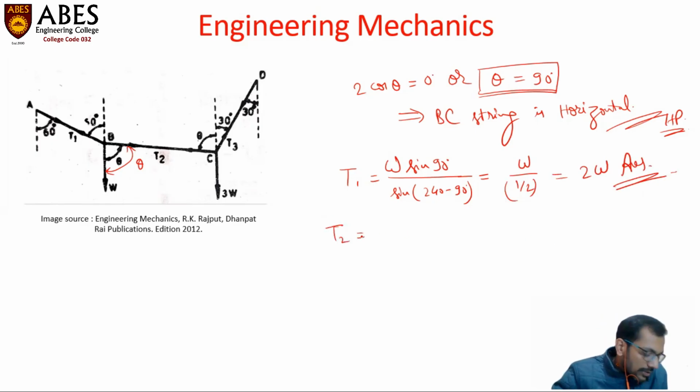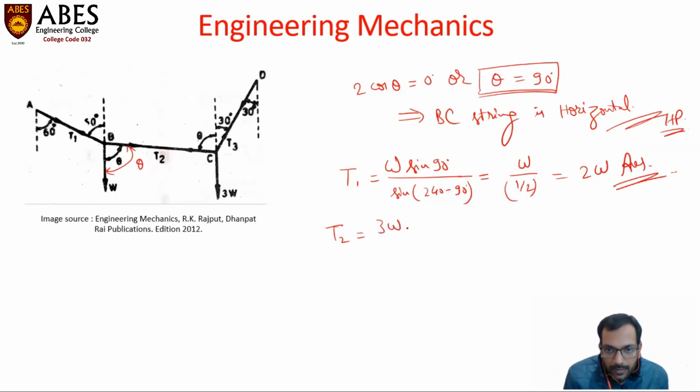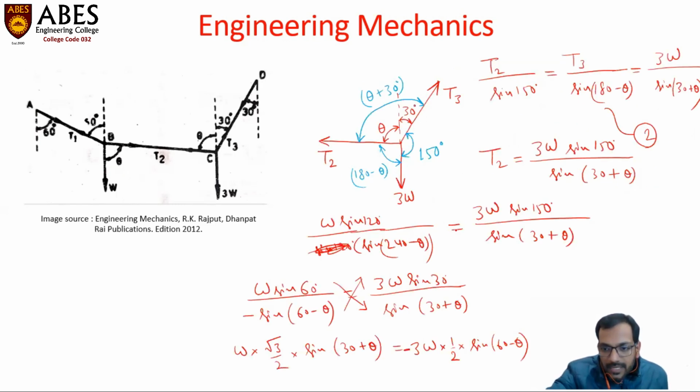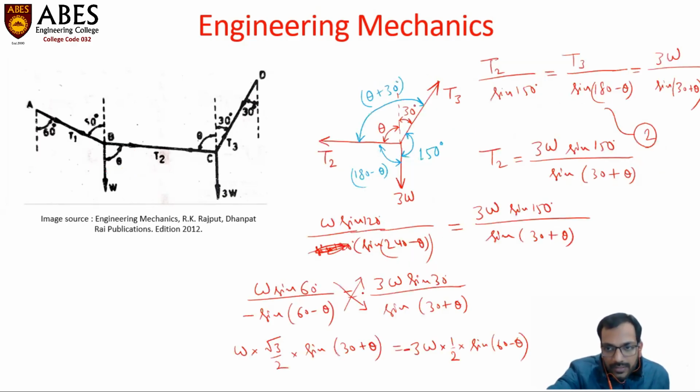Value of T2. How to calculate the value of T2? Let us see. We can use this formula: 3W sine 150 upon sine 30 plus 90. 30 plus theta means 30 plus 90. So this value is coming to be root 3W. And the value of T3, how to calculate the value of T3?